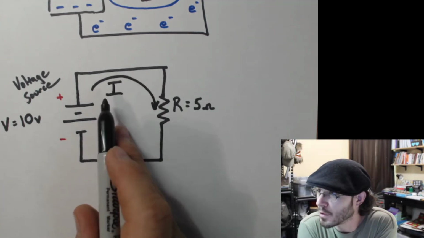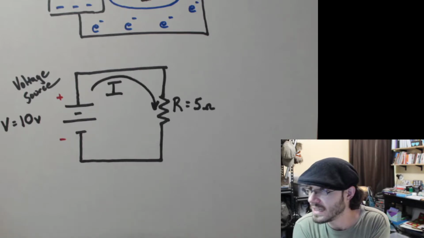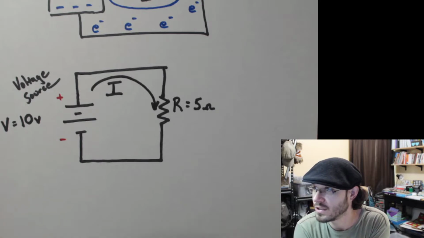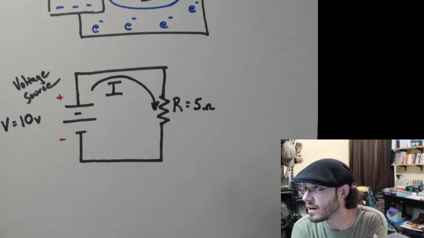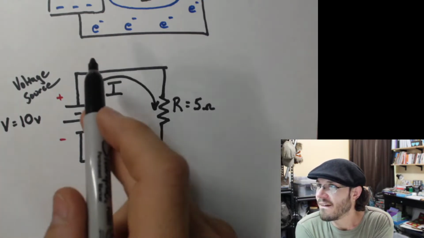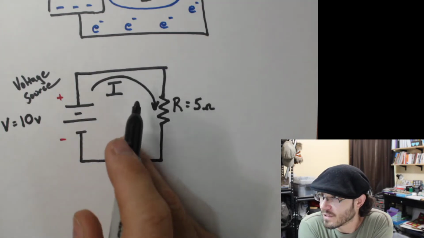Current, therefore, for the rest of the class, for today, for the rest of 311, for the rest of your industrial careers, or consumer electronics careers, or electrical computer engineering careers, is going to flow from positive to negative.